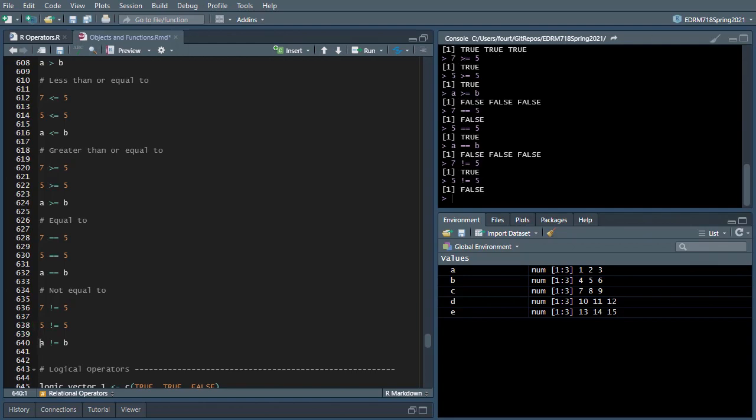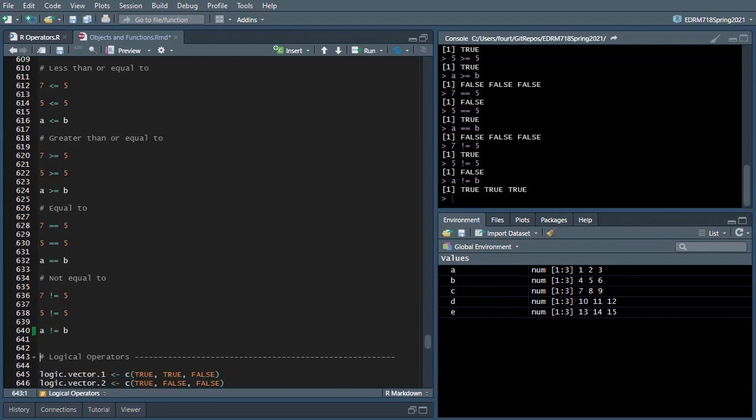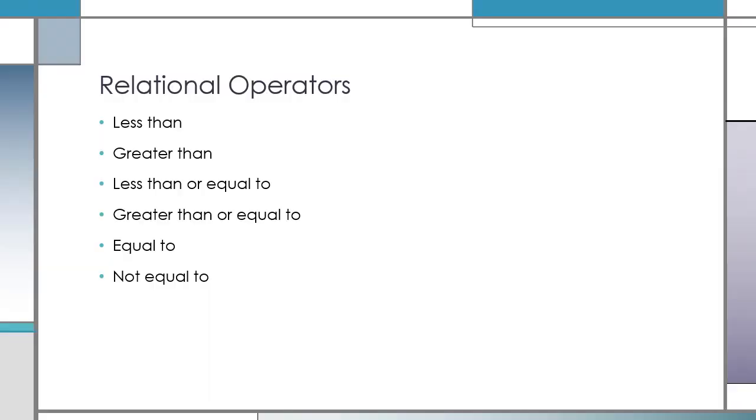False. 5 is equal to 5. Is A not equal to B? True, true, true, because 1 does not equal 4, 2 does not equal 5, and 3 does not equal 6. So the relational operators, which will return logicals, are less than, greater than, less than or equal to, greater than or equal to, and not equal to.